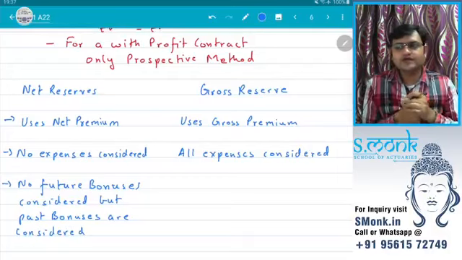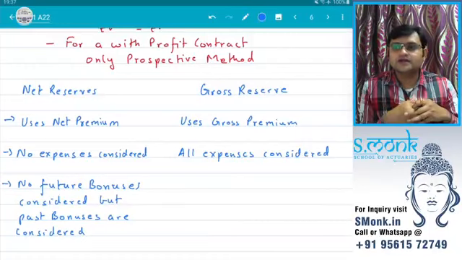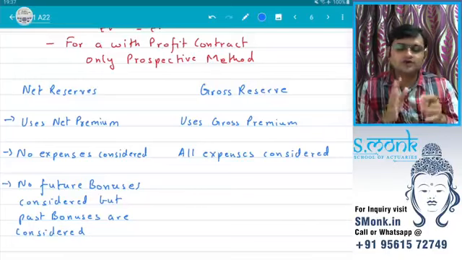Whenever we are declaring a certain bonus, we are promising that this much amount we will definitely give.